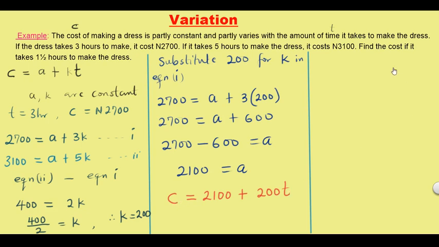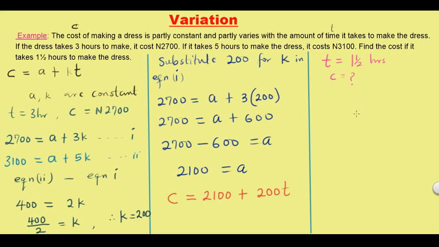So this is the relationship connecting the cost and time. Remember, that is what we call variation. The relationship connecting two or more variables. Now the question is saying find the cost if it takes 1.5 hours to make the dress. That is, when T is equal to 1.5 hours, we should find the cost.